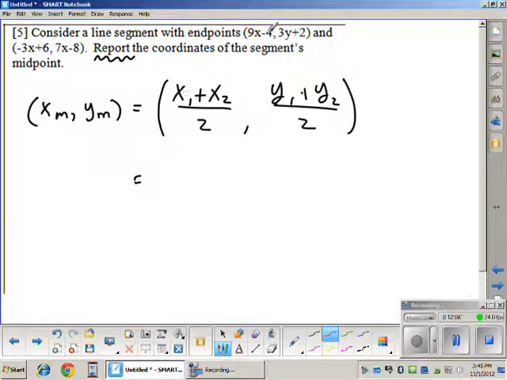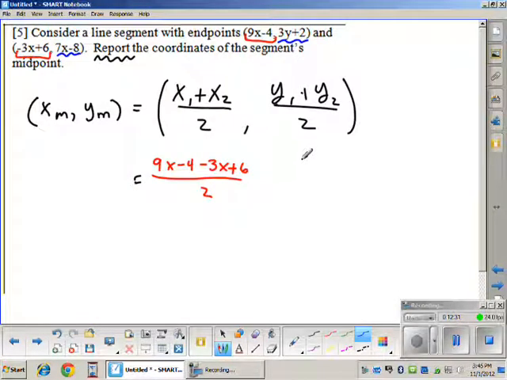So my x1 value is going to be 9x plus 4. My x2 value will be negative 3x plus 6. And I'll still divide that by 2. Likewise with the y values, just because they're variably defined doesn't mean it's going to change how I average them. The y value simply becomes 3y plus 2 plus 7x minus 8, and that's going to be all over 2.